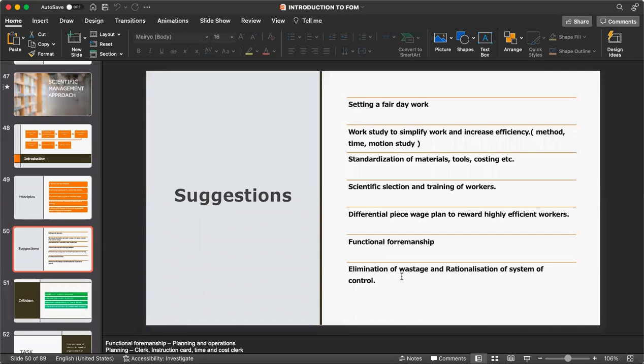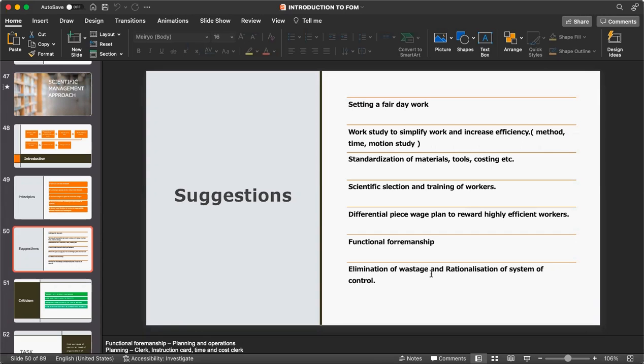Then we have elimination of wastage and rationalization of system of control. It's very simple, because the company needs to minimize the wastage, and they need to work on how the system, the process, the method, the guidelines, the route map of the company can be properly controlled and managed.